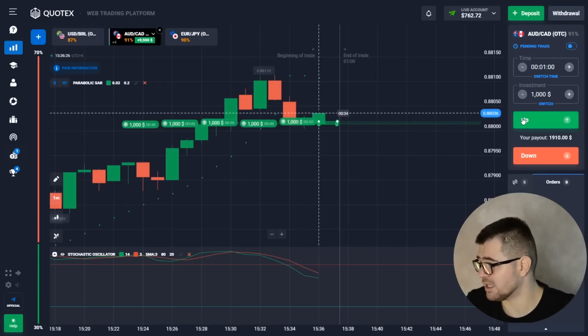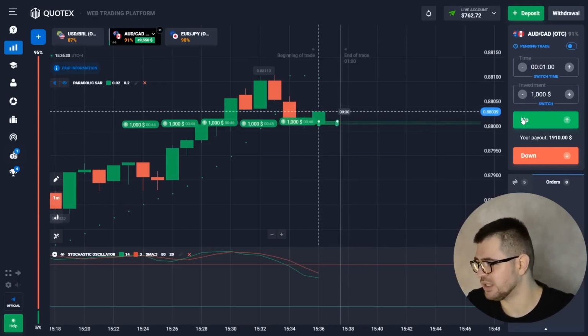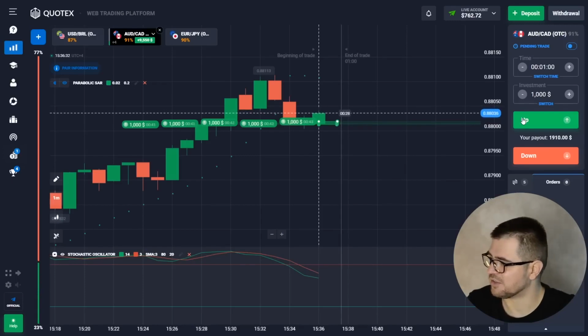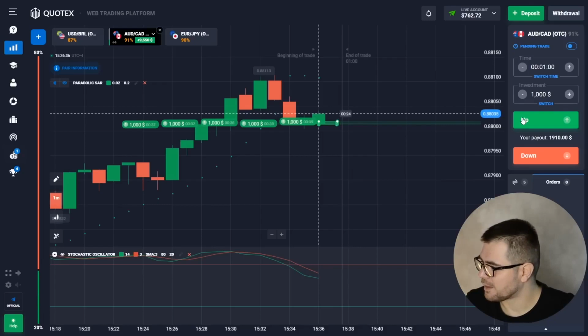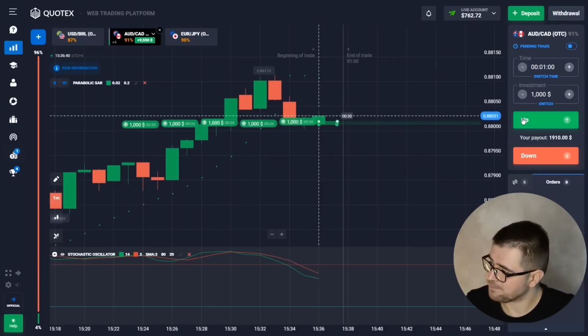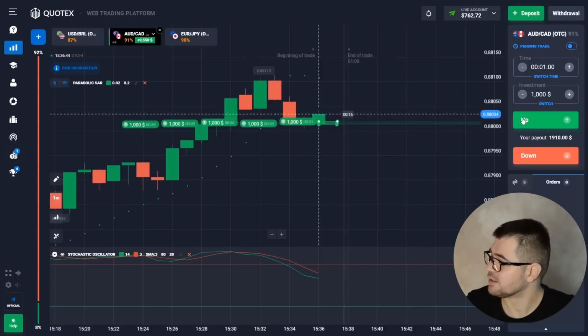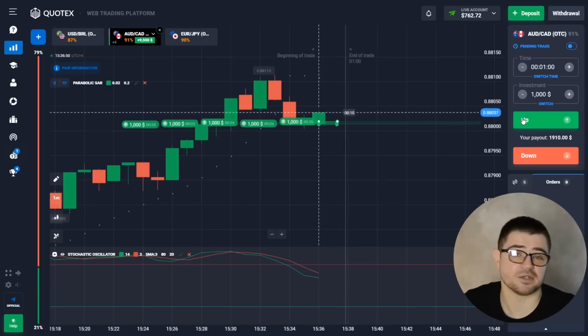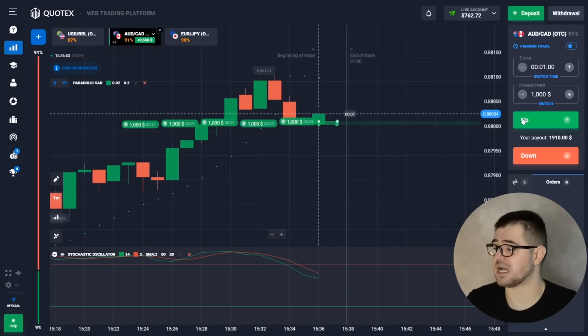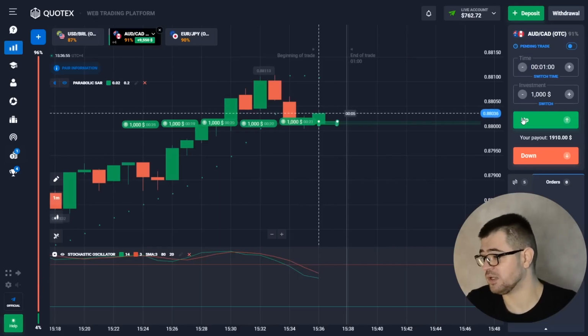Okay, basically it's a bit of a pullback. I see a nice situation where the stochastic oscillator is showing a bit different situation. Divergence. So we have a bullish trend, and then we have a pullback at which we enter into long, because I'm expecting the price to still go up.